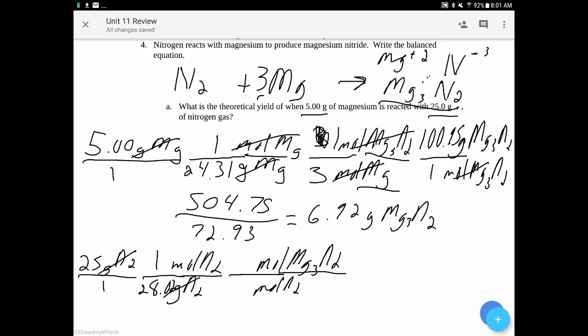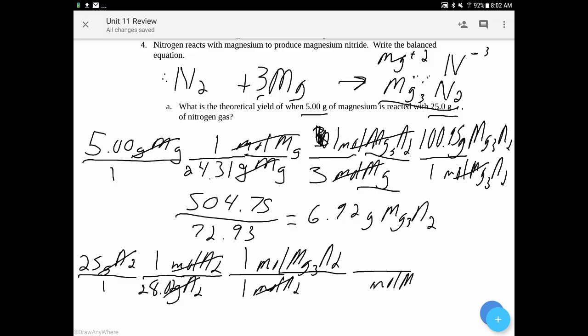So now again, this is our mole-to-mole ratio, so we're looking for our coefficients. Moles of N2, that's 1. Moles of Mg3N2, that's also 1. So moles of N2 cancels out. We're left with moles of Mg3N2, which is not where we want to be, so we need another conversion factor.